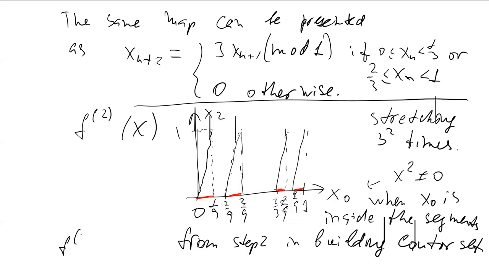Then F^n of x_0 is not 0 when n tends to infinity exactly on the Cantor set. So this is a statement we can make.